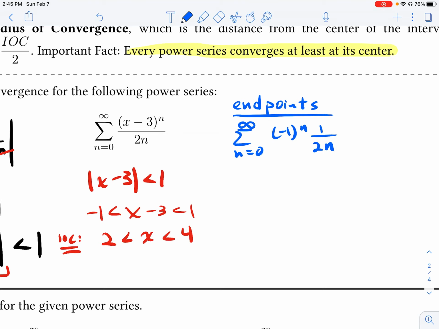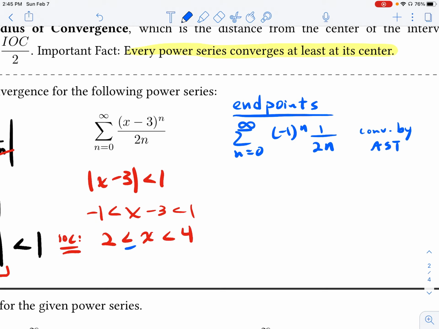I'm not going to show the whole conditions for convergence here, but using the alternating series test, we see that it does end up converging at 2 by AST. If you want to think about that, pause the video and check to make sure that works. But by the alternating series test, it does converge at 2. And so we do know that it converges at that endpoint 2.